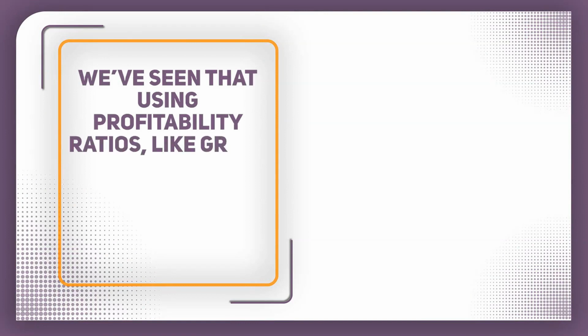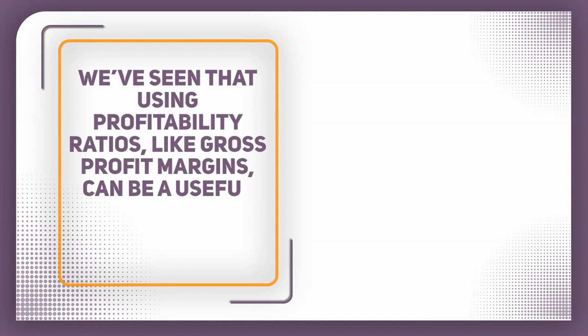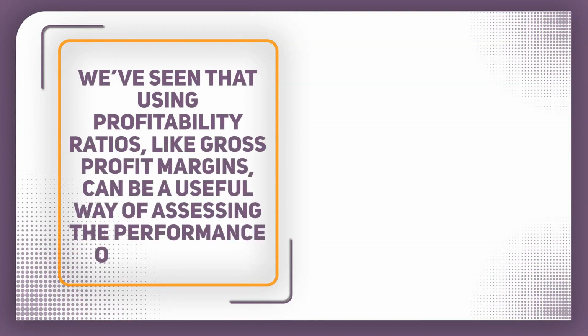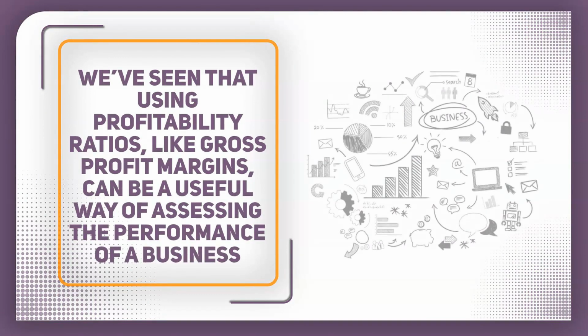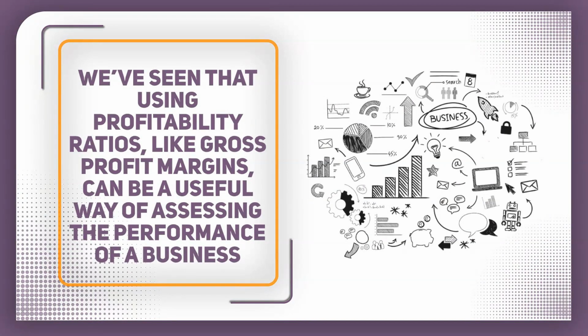Gross profit margin. We've seen that using profitability ratios like gross profit margins can be a useful way of assessing the performance of a business, particularly because they are shown as percentages so they can be used to compare the business performance with previous years, with a target, or with another business in the same sector, maybe of a different size.